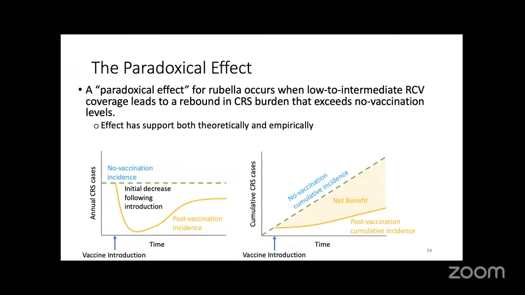In the chat: is it that the transmission rate between the susceptible and infectious individual cannot increase beyond a limit as the total population increases? That's a question from one of the participants.